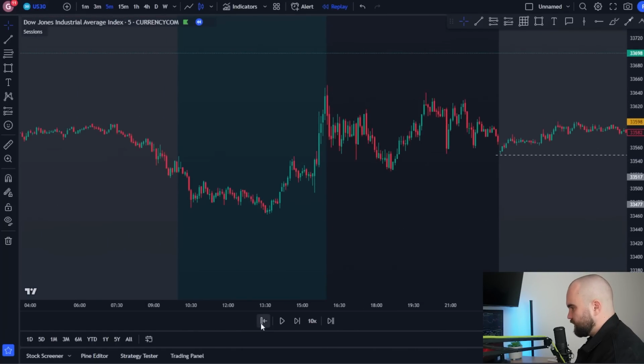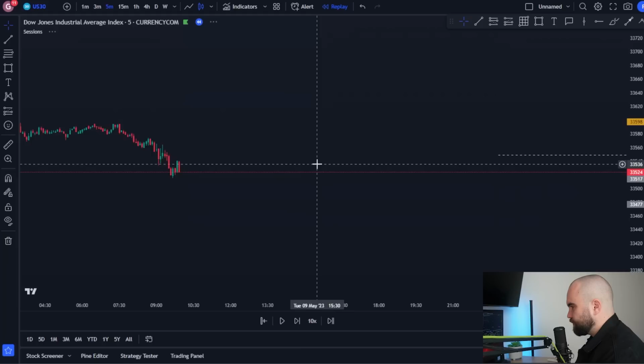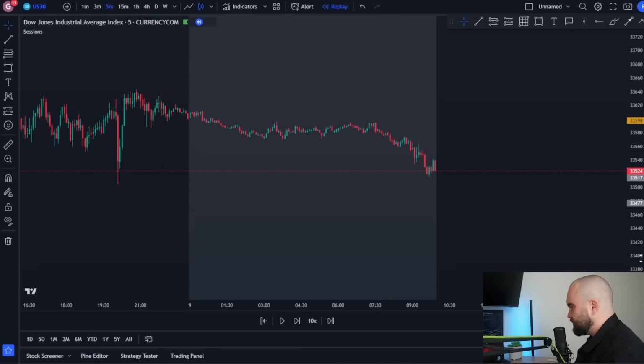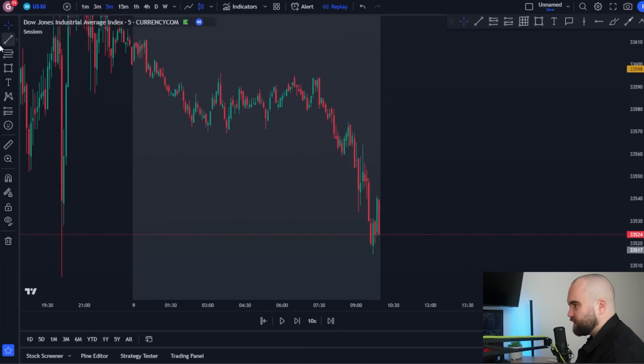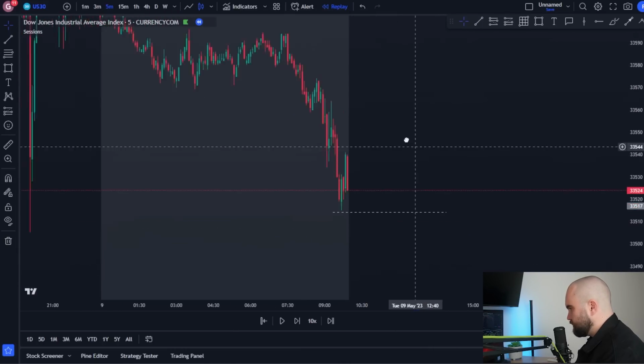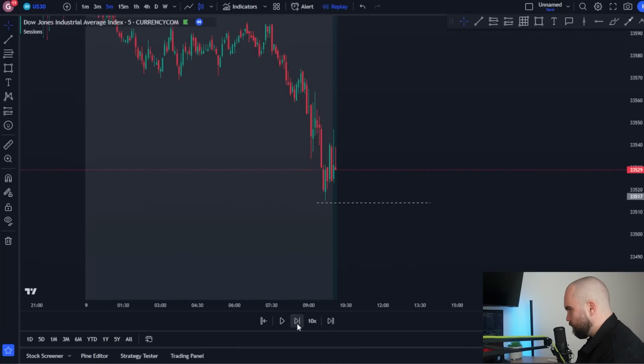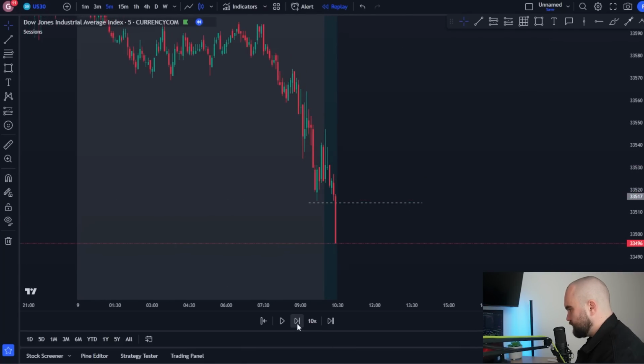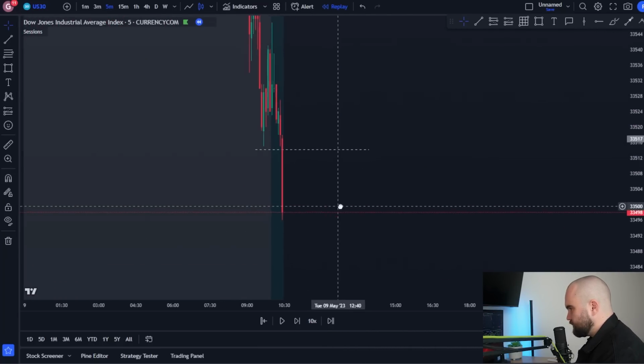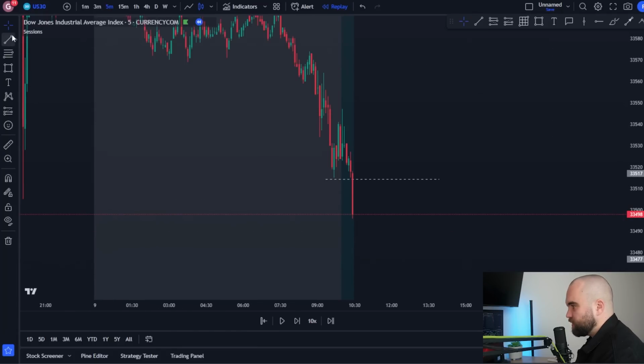So let's have a look at the next example. And again, these are days in succession, so I'm not cherry picking anything. Okay, so let's see. We get a sweep of this zone, and now I would be looking to go long.